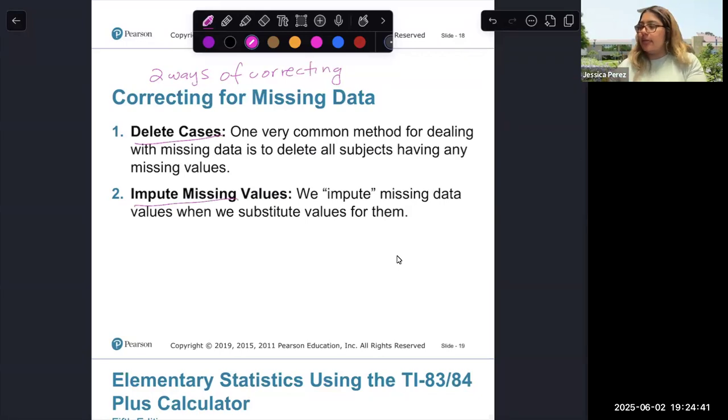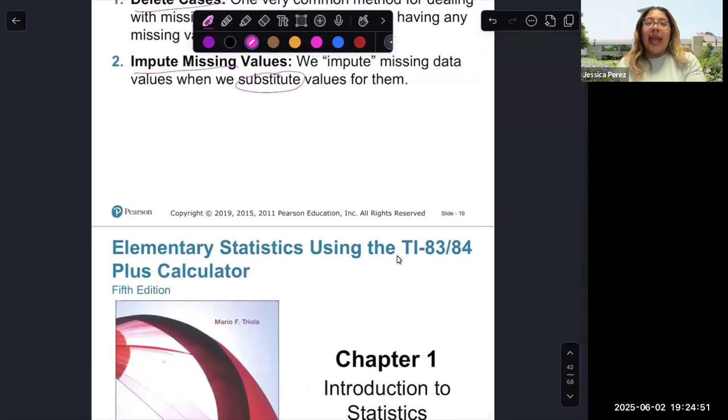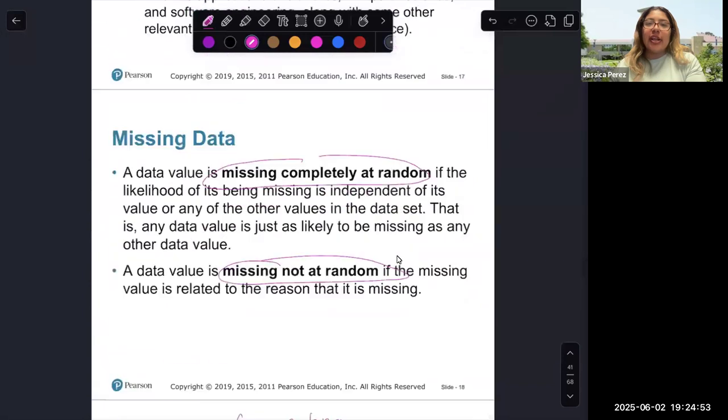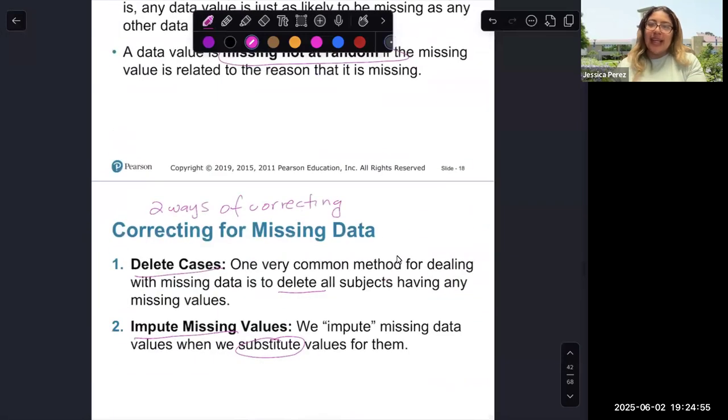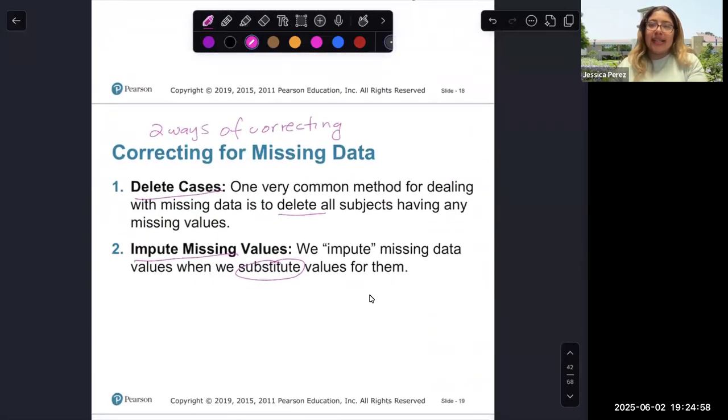So you substitute or delete. Those are the two different ways of correcting missing data. And with that, we finish our section of 1.2. And let's continue to section 1.3.